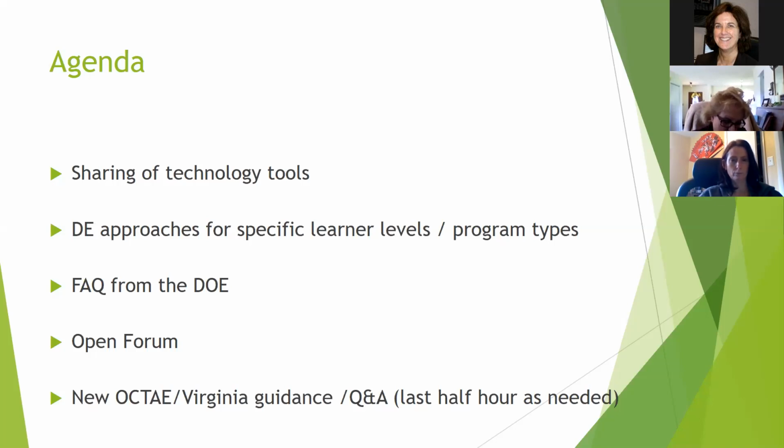We'll try to wrap that up within the first hour, so that we can leave the last half hour in case there are new things coming down from federal guidance or Virginia guidance that is important for everybody to know as they're running programs moving forward. And if there's nothing there, then we'll wrap it up as the hour finishes. So that's how we are planning on moving forward.